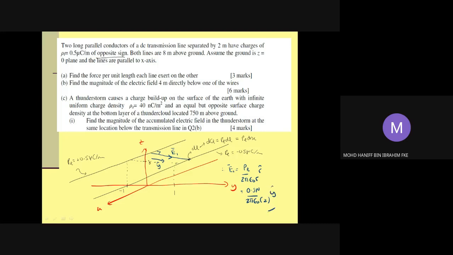So we have found the E field produced by the charge positive rho L at the point of dl or dq. Once we have this, we can use it to find the force on this particular dl or dq element.